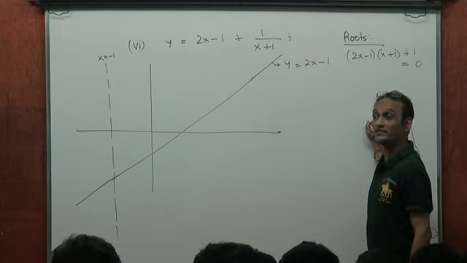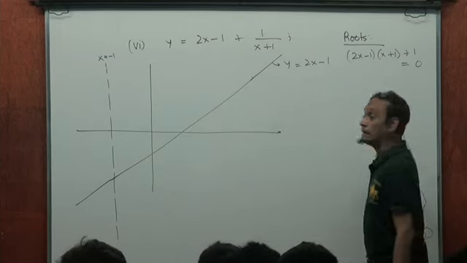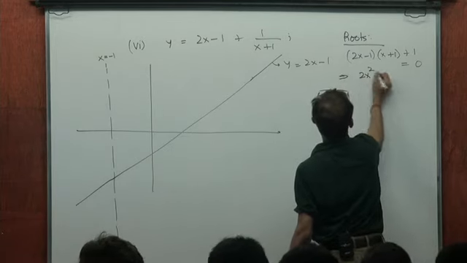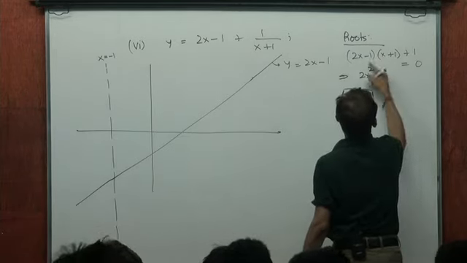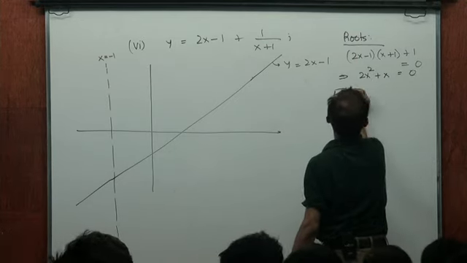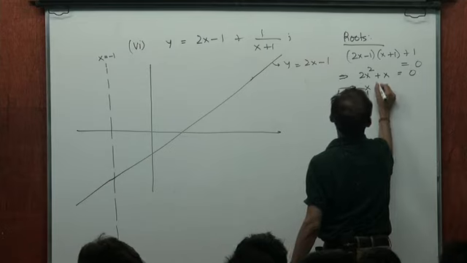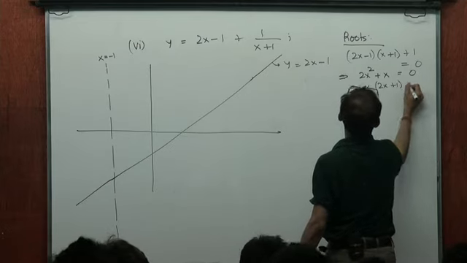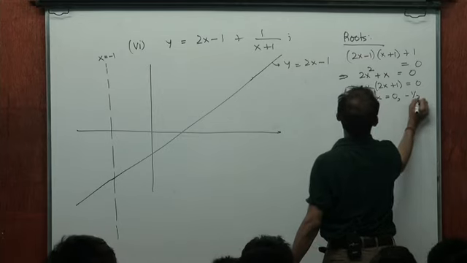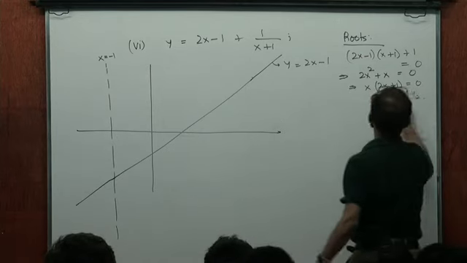So this is 2x² plus 2x minus x minus 1 plus 1 equal to 0, or x into (2x plus 1) is 0, so x equal to 0 and minus half.